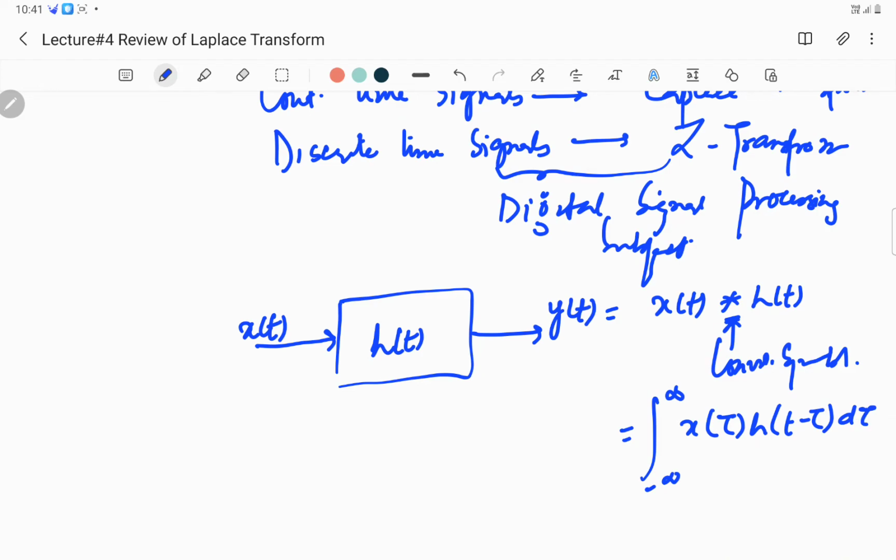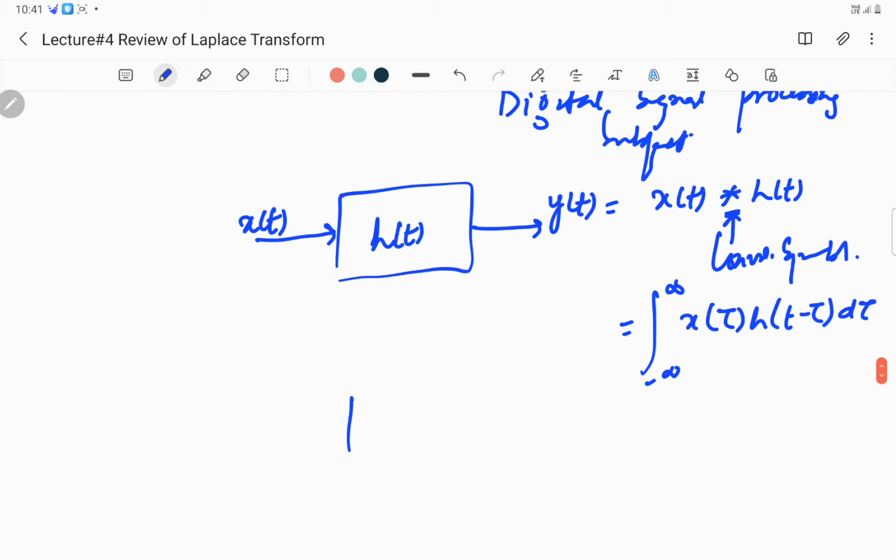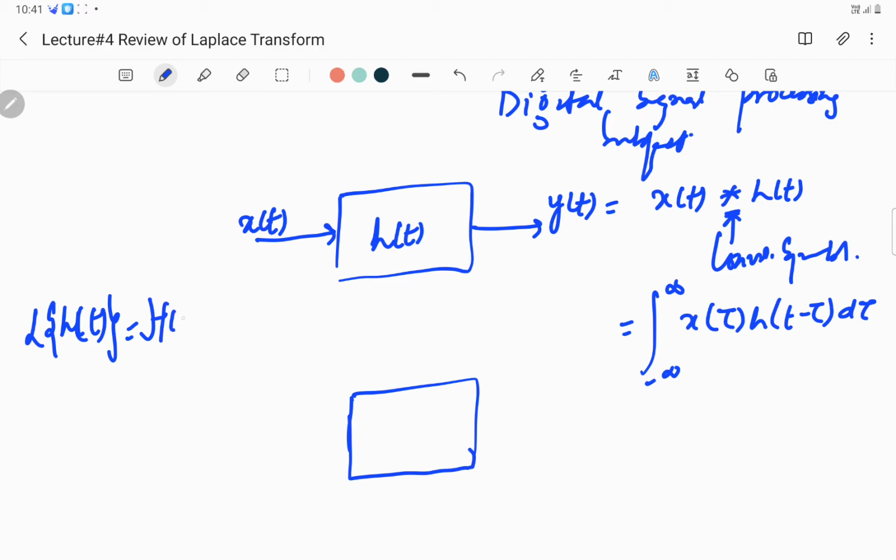Now if we go to frequency domain, instead of h(t) I'll be having H(s), because I take the Laplace of h(t). Instead of x(t) I'll be having X(s), and instead of y(t) I'll be having Y(s).